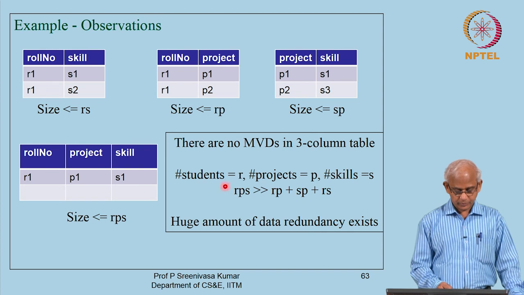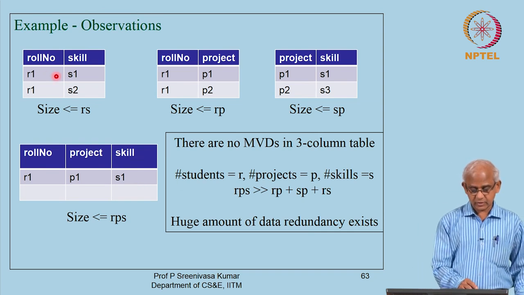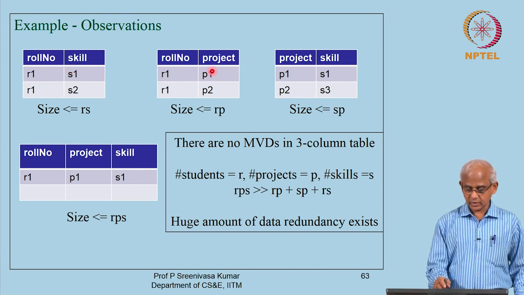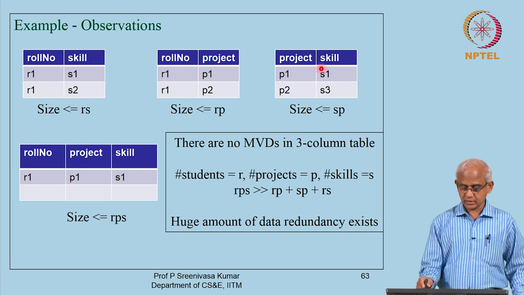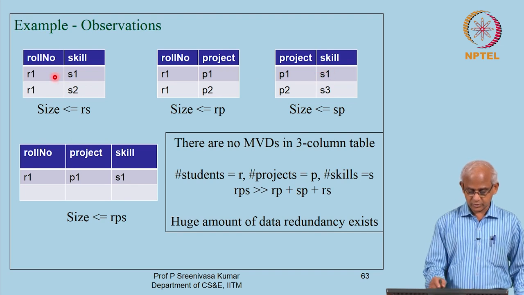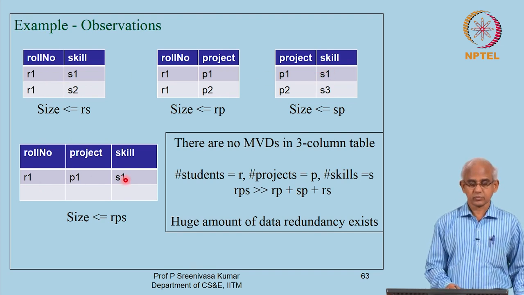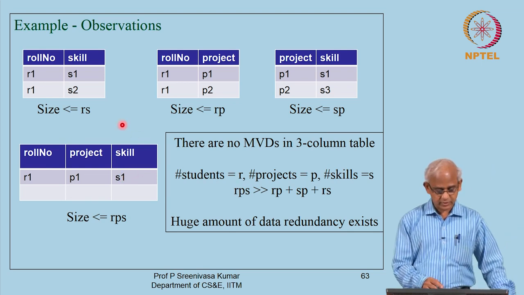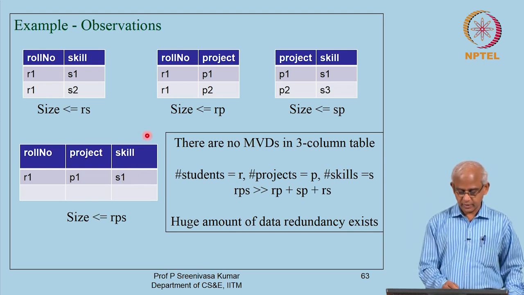And because of this requirement that if a student has a particular skill and is interested in a particular project and that project requires that skill, then that combination R1 P1 S1 must exist here. That is the condition under which we are operating.